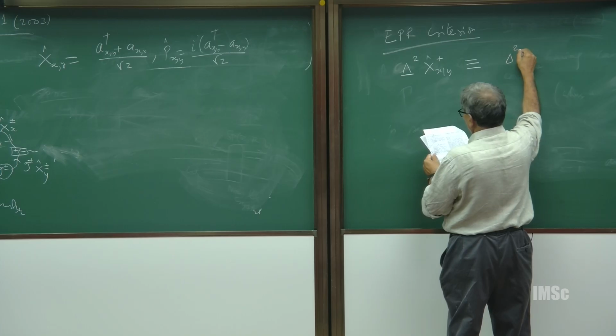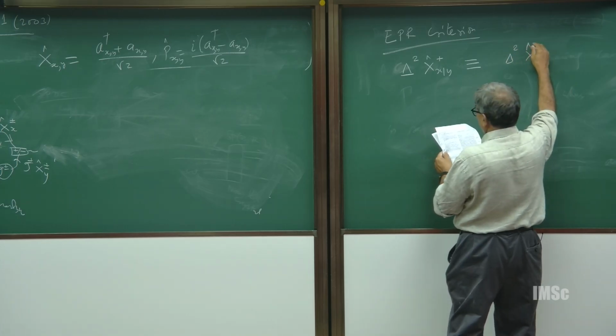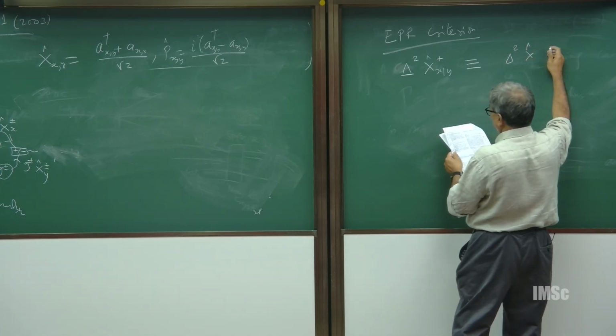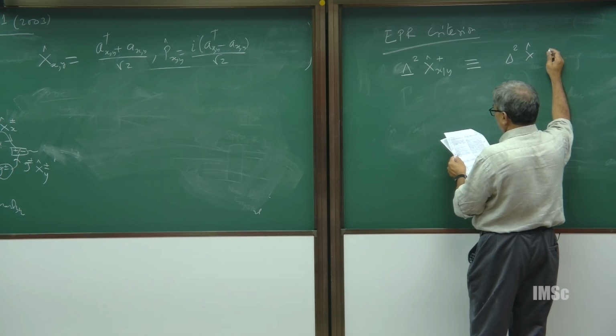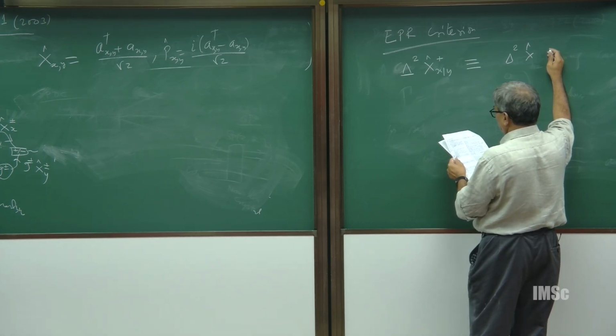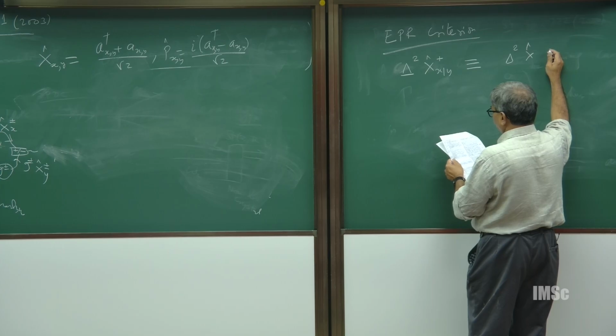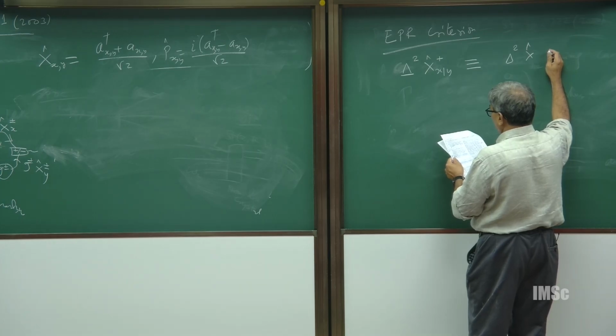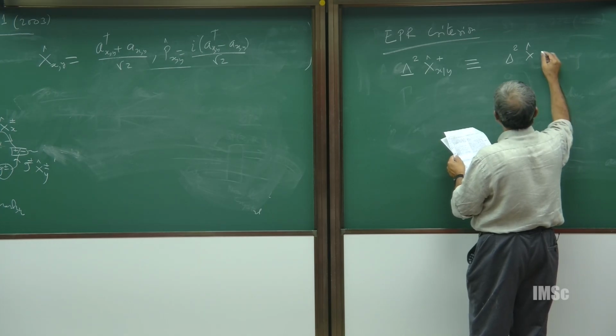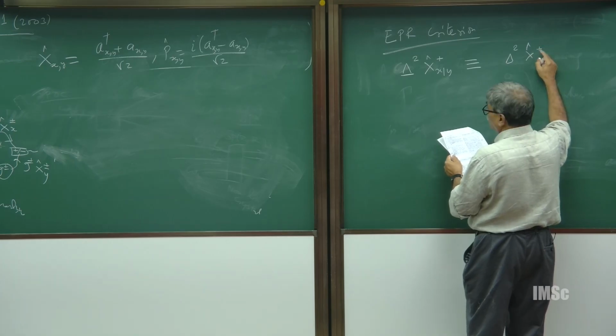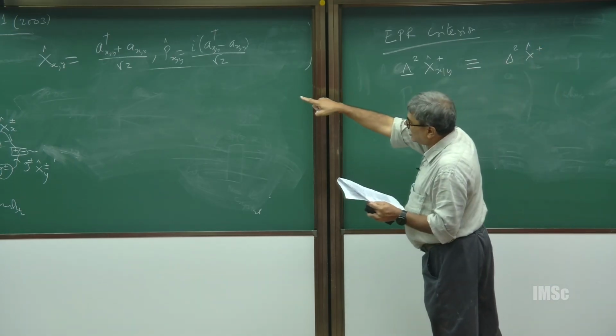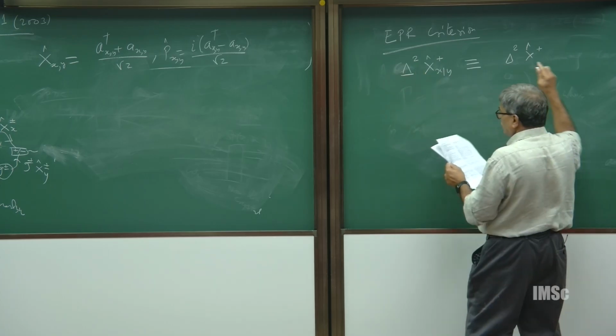Delta square x. Okay. So, let me write it down first. So, x plus, so plus means the position quadrature, okay.